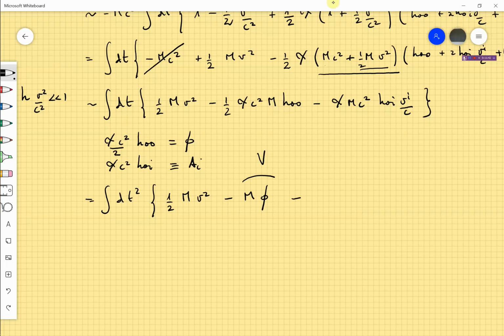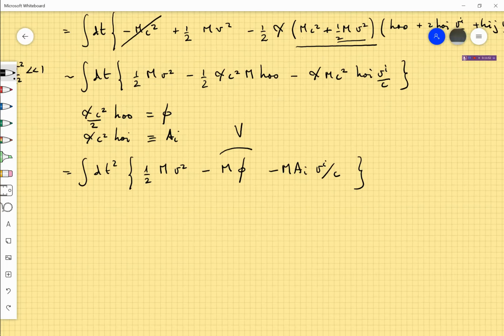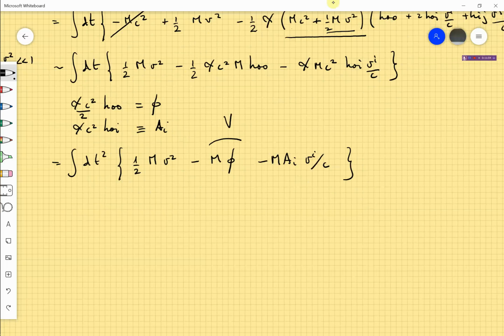But there is another term, which is this one. Okay, and what is this? And also multiplied by m. You see that it is similar to the coupling of an electrically charged particle to the spatial components of the electromagnetic field. They couple through the velocity.